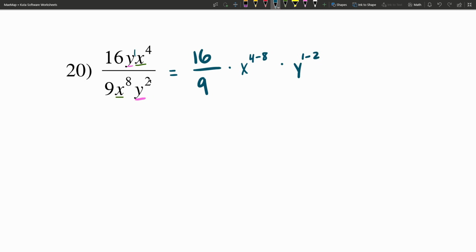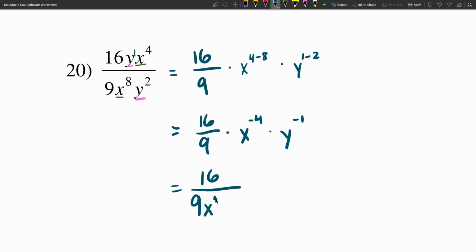Again, I'm going to have a negative exponent because I have y times y in my denominator and one single y in my numerator. That y in my numerator will get canceled out, leaving me with a y in my denominator. So I'm going to have 16 over 9 times x to the negative 4 times y to the negative 1. So this is going to be 16 all over 9x to the 4th times y. And there we have it. That's our final solution on this worksheet.